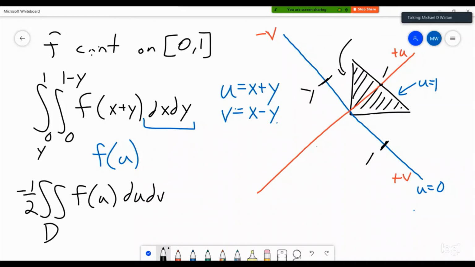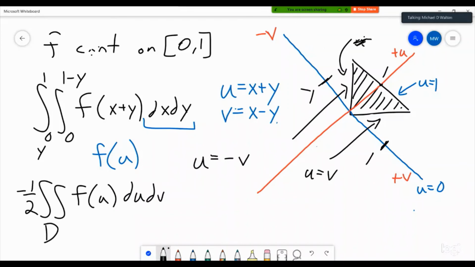So that line right here is the line u equals negative v. You see how that's going to be? Yeah, that's the line u equals negative v. And then this line over here is the line u equals v.